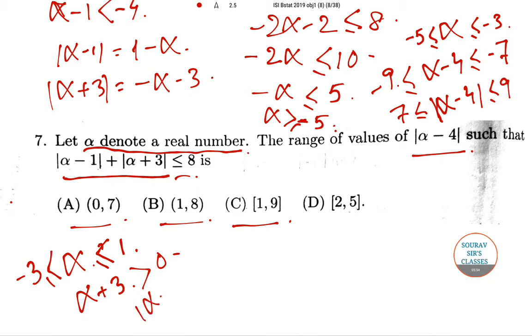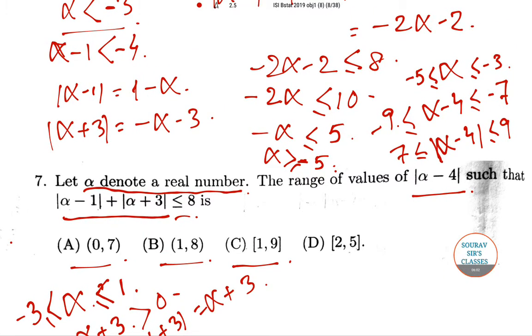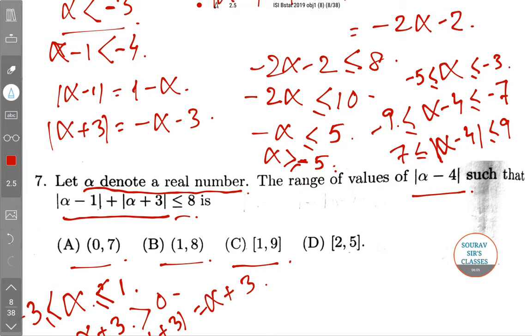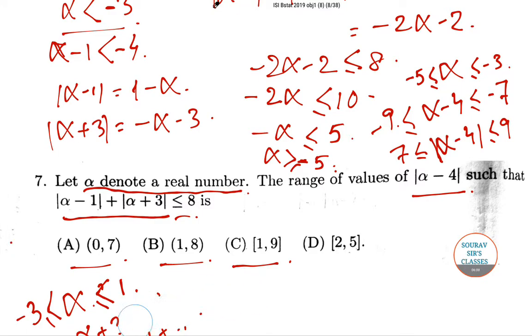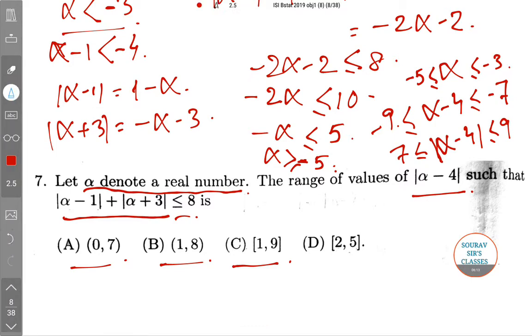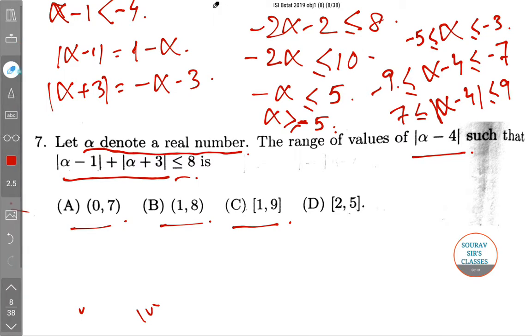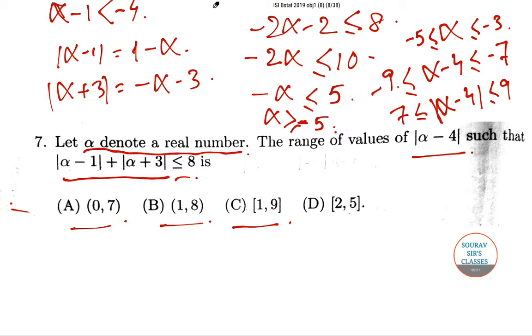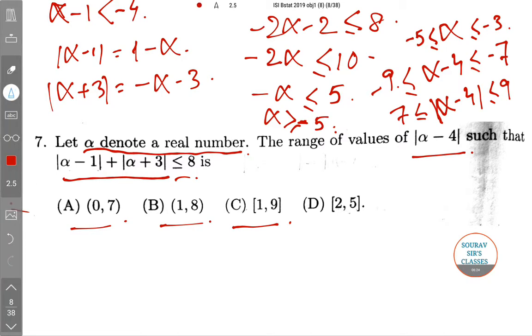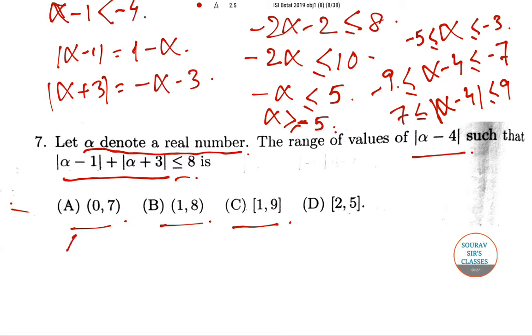So mod alpha plus 3 equal to alpha plus 3. Here alpha is minus 3 to 1.